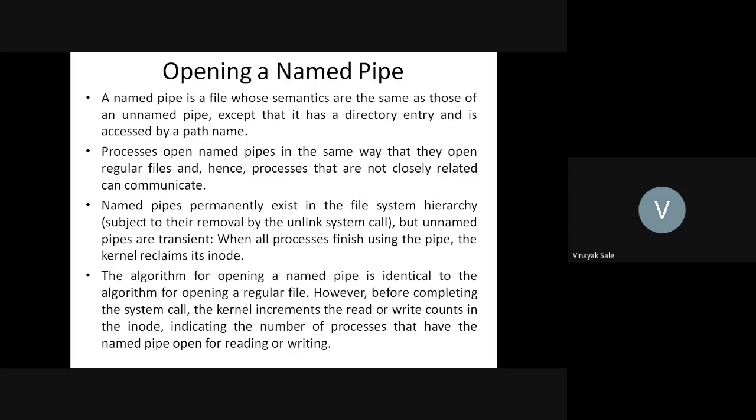Processes open a named pipe in the same way that they open a regular file, and hence processes that are not closely related can communicate. Named pipes permanently exist in the file system hierarchy, but unnamed pipes are transient.